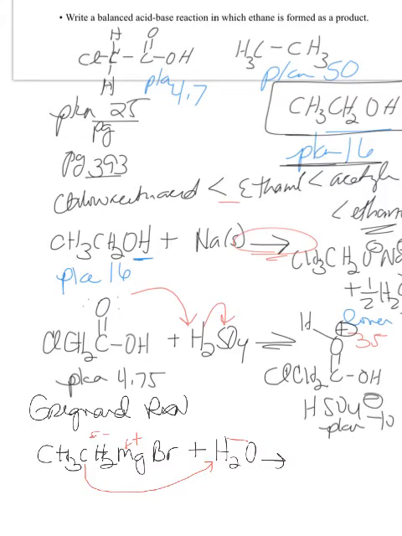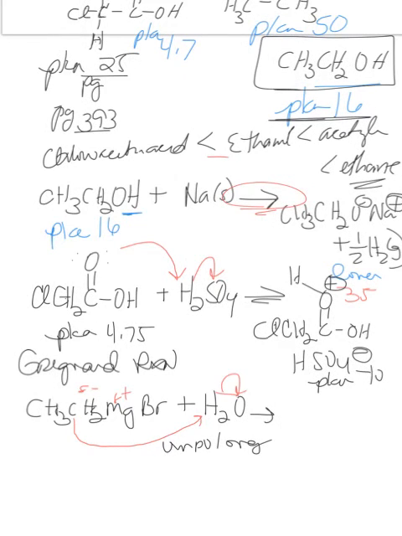umpolung. I like that word, umpolung. It's a German word. Anyway, you get CH3CH3, and then you get magnesium bromide and OH minus.